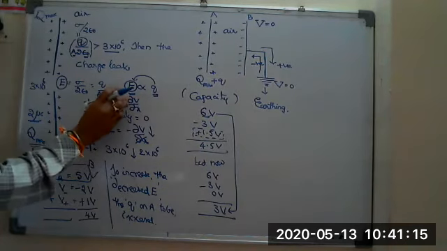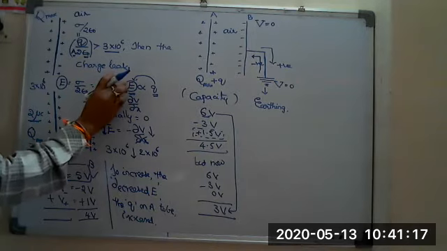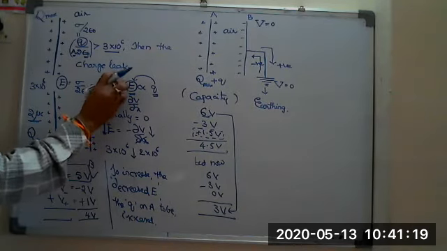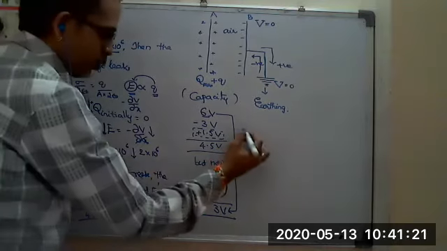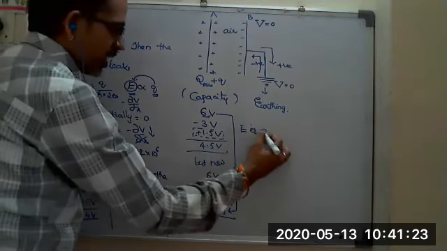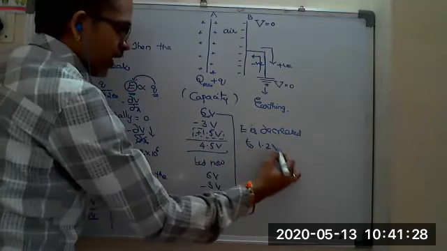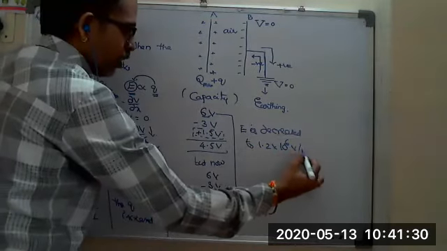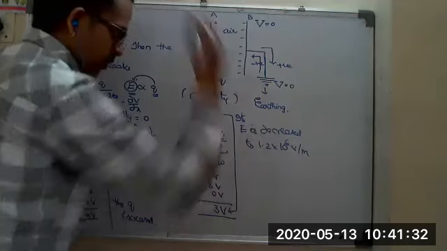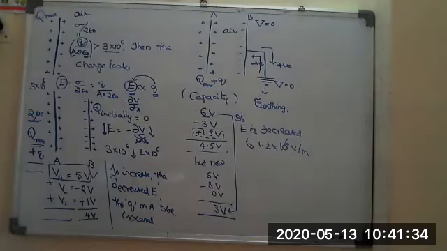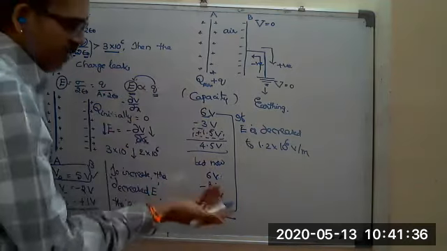If potential is decreased, field intensity is decreased. Again, same concept. Suppose E is decreased to, say, some 1.2 into 10 power 6 volt per meter, taking some value, then we have a lot of advantage.